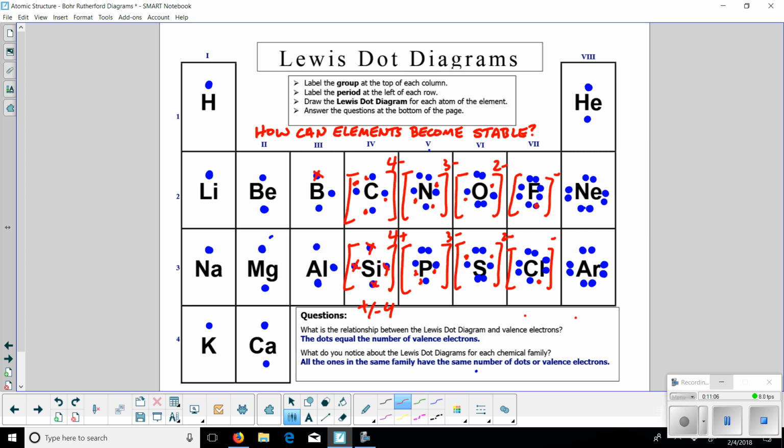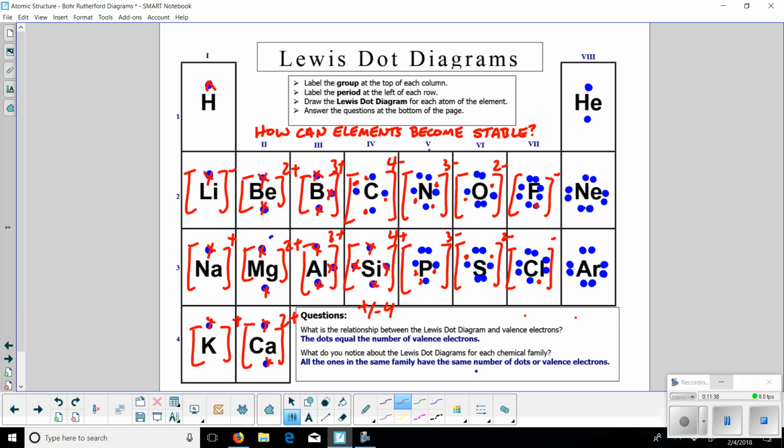So they lose 3 electrons, give them an overall 3 plus charge, so they're cations. Beryllium and the remaining group 2 are going to lose 2 electrons, so they're going to form cations with a charge of 2 plus. And finally, group 1 and hydrogen lose the single electron, so all of these are going to have a charge of 1 positive, or just plus 1, like so.